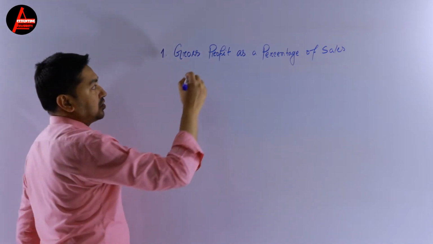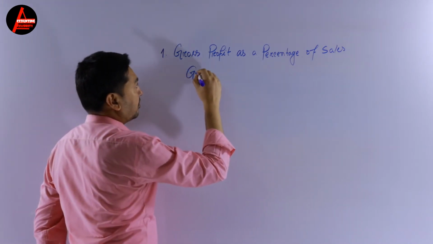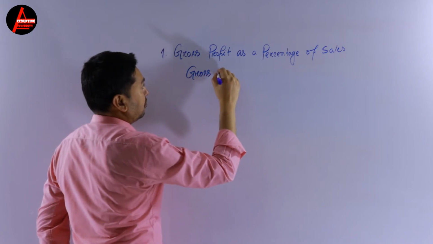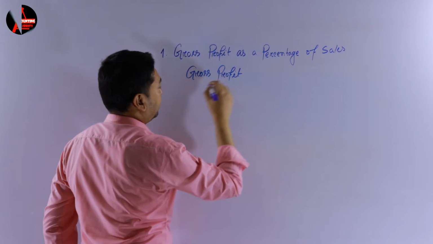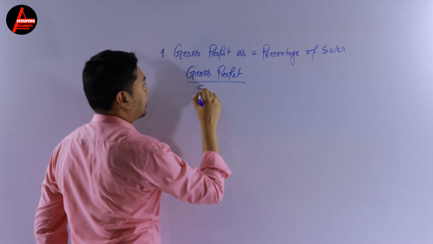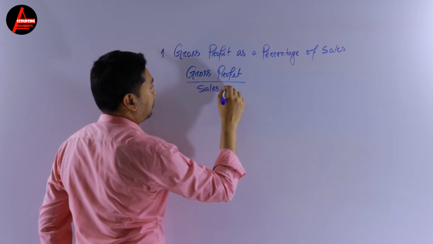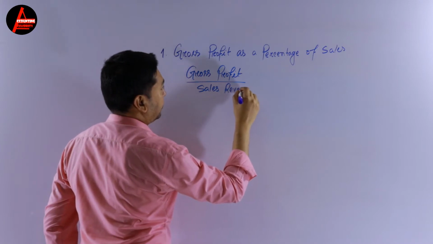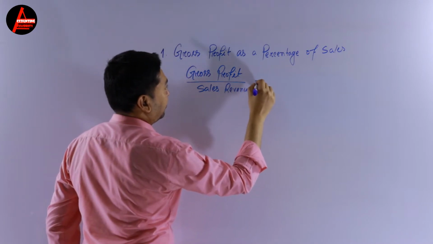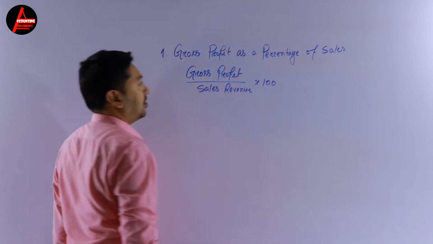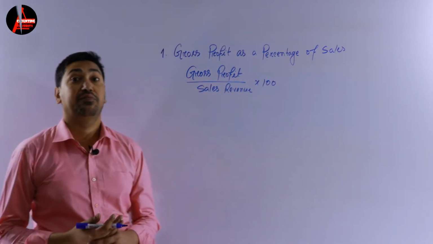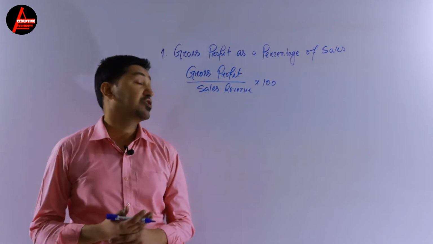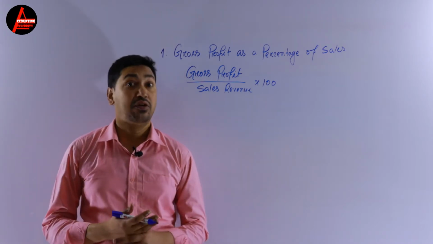Your formula is gross profit divided by sales revenue, times 100.